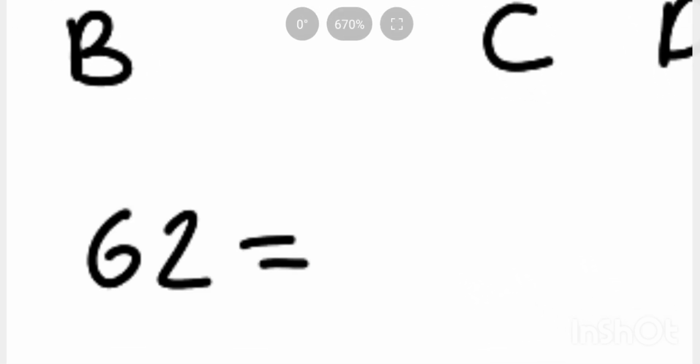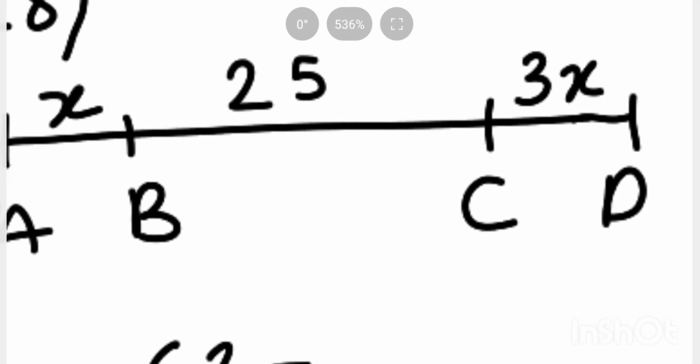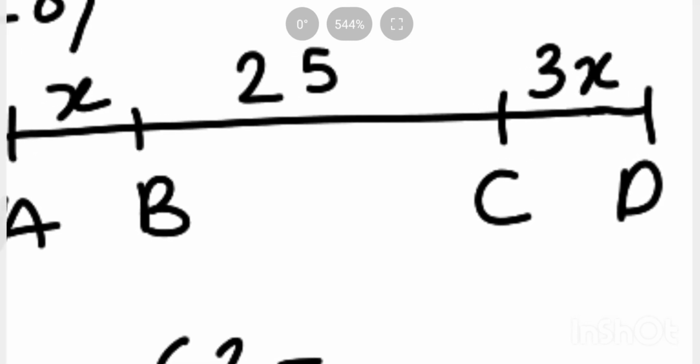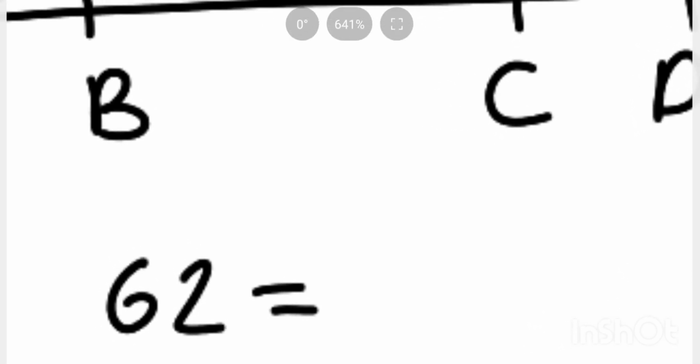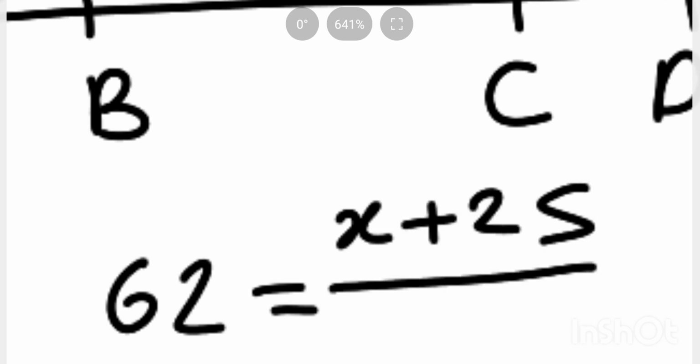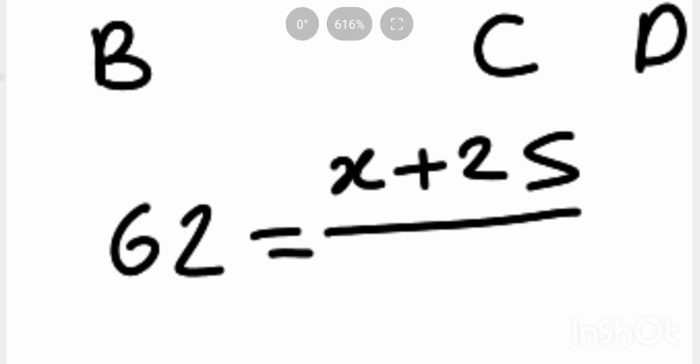Speed is 62, distance from A to C is x plus 25, and the time is 30 minutes, but because the speed is in miles per hour, we have to convert the time to hours, so we put 0.5 hours.